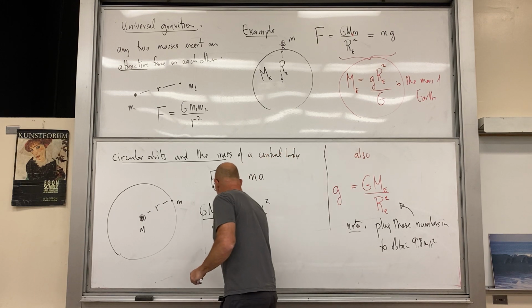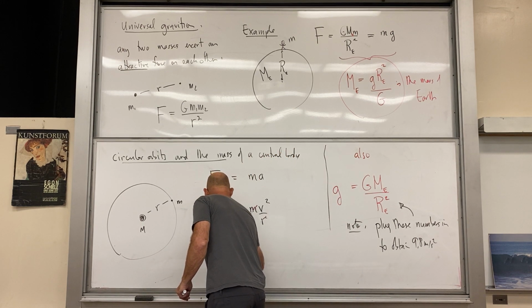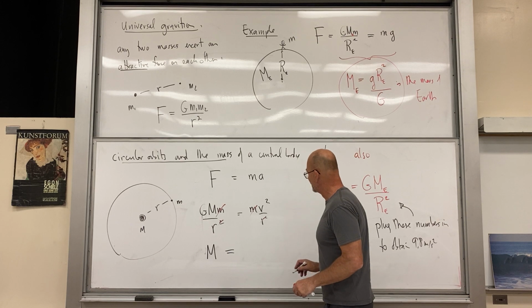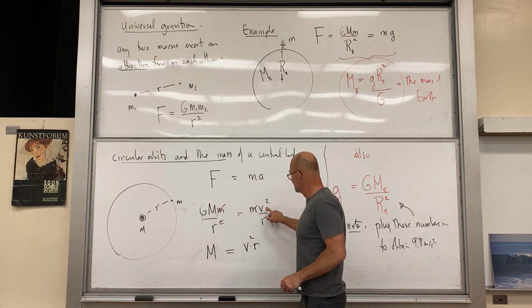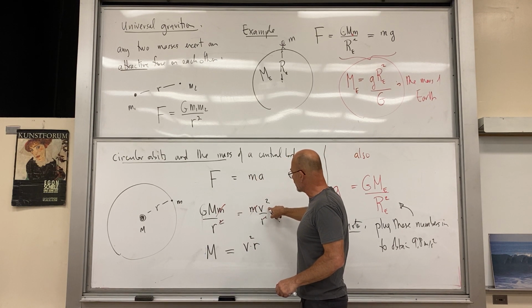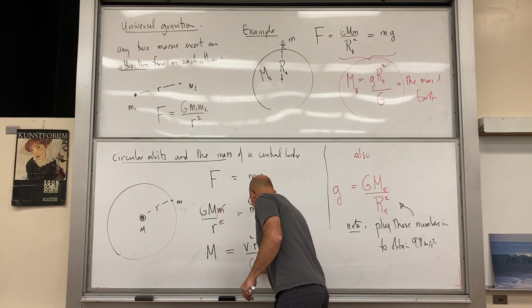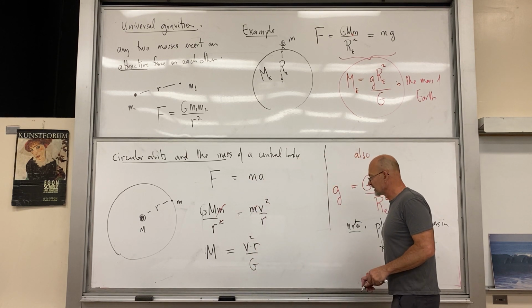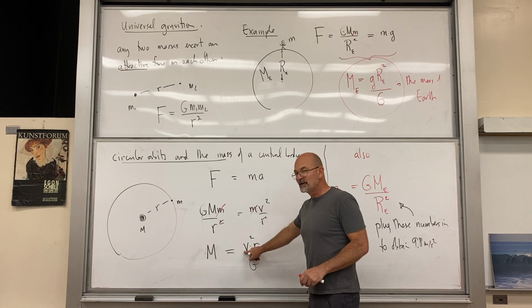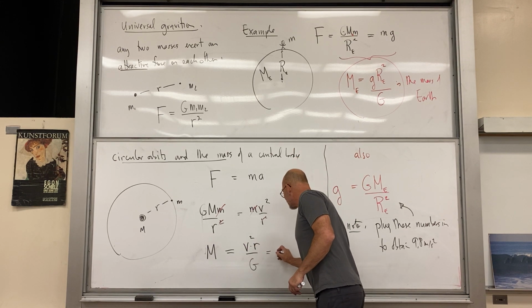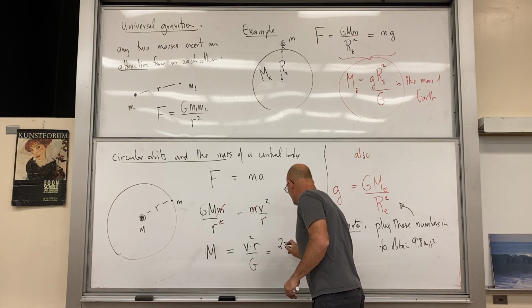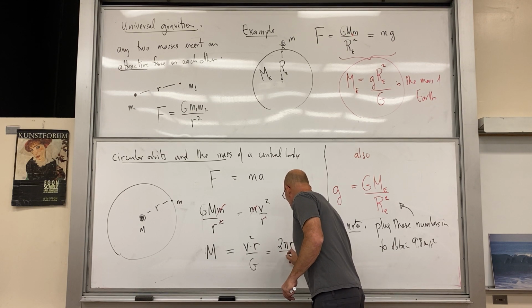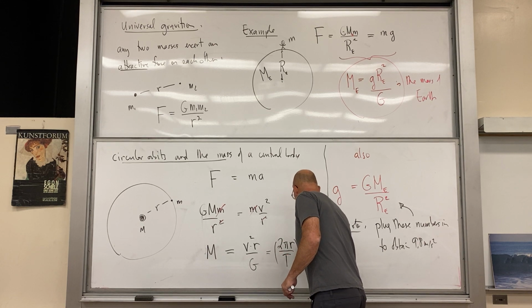Then we're going to solve for capital M. M equals v squared times r. Okay. V squared, cross multiply one power of r, divided by G. It could also, so if you had your orbital speed and your distance, it could also be 2 pi r over T, the quantity squared.